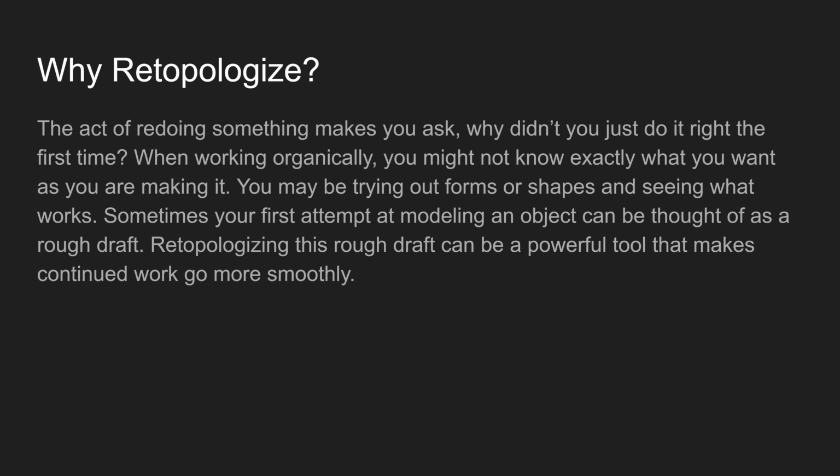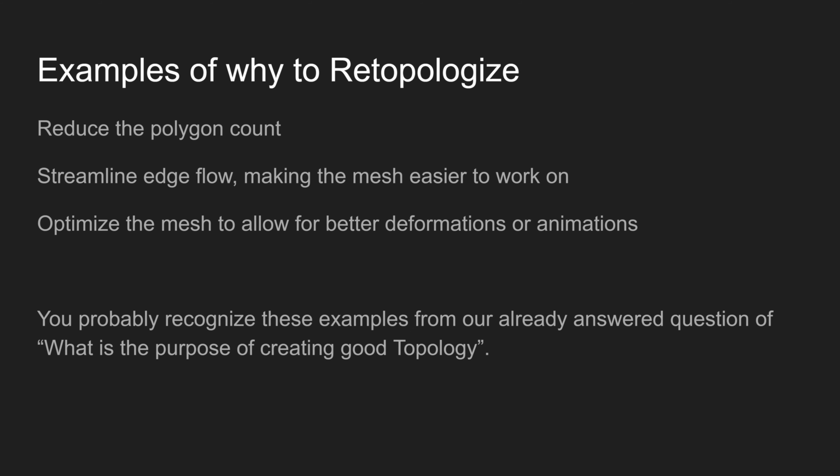Retopologizing or remodeling this rough draft can be a really powerful tool that makes continued work go a lot more smoothly. Some broad examples of why to retopologize: you could reduce the polygon count, you could streamline edge flow, making the mesh easier to work on, you could optimize the mesh to allow for better deformations or animations.